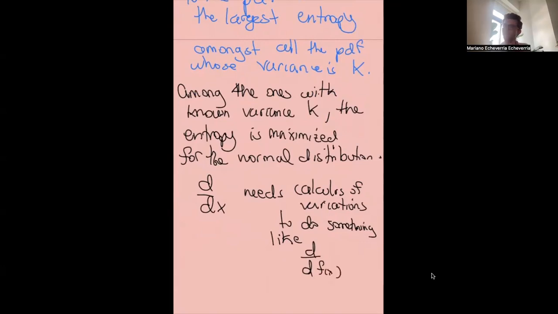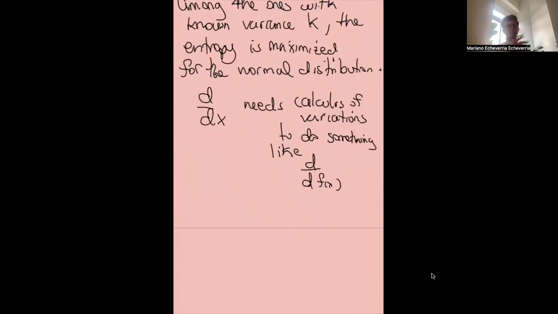Once you have a machinery that allows you to do that, it is like a Lagrange multiplier problem. And so there's a long story, but you will end up with something that looks like, where do I have it?